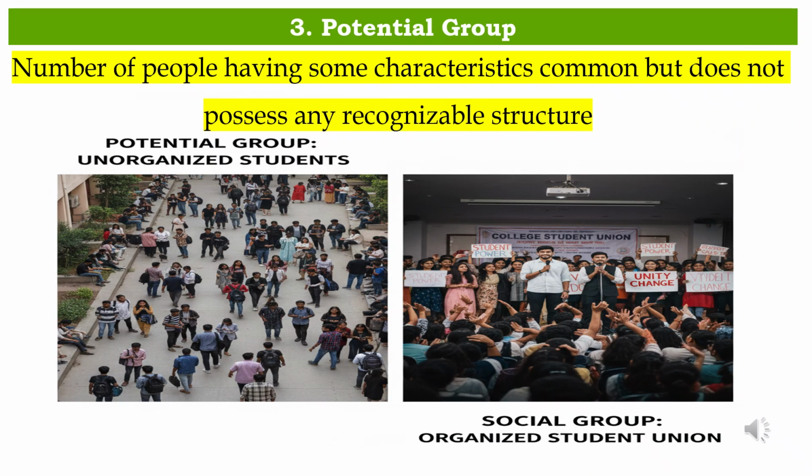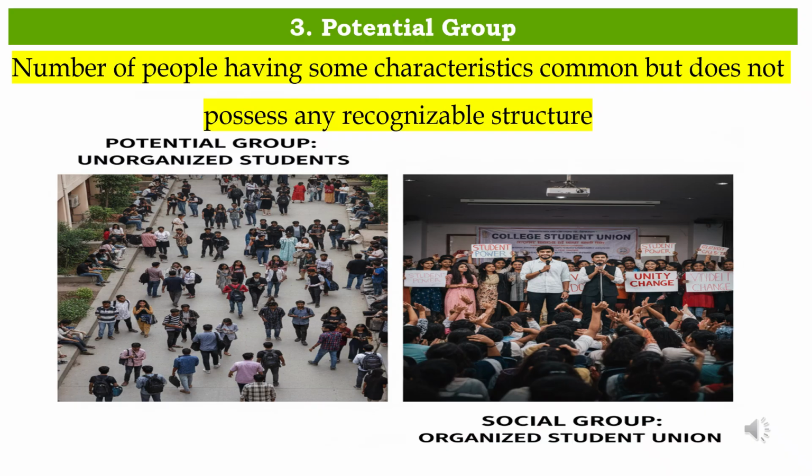3. Potential group. A potential group is a collection of individuals who share certain characteristics or interests in common but lack any formal structure, organization, or collective identity. Such a group has the possibility of becoming a real social group once it becomes organized and begins to interact for a common purpose.